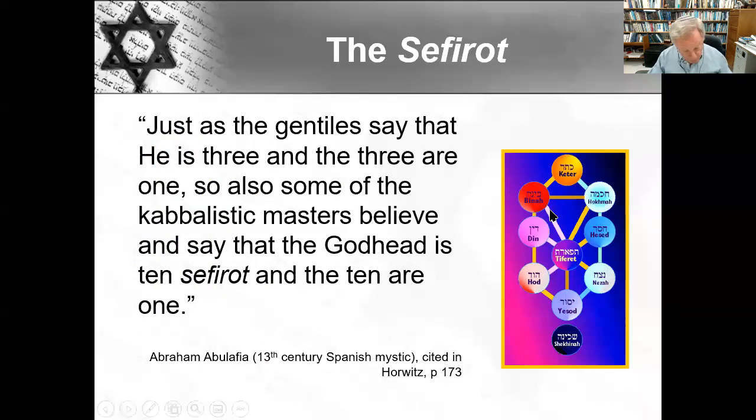So this is Abulafia, a 13th century Spanish mystic, saying, just as the Gentiles say that he is three and three are one, so also some of the Kabbalistic masters believe and say the Godhead is 10 Sefirot, and the 10 Sefirot are one. So next time you start denigrating Christianity because it holds with the idea of God having three aspects, keep in the back of your mind that the Kabbalah speaks of 10 aspects of God.